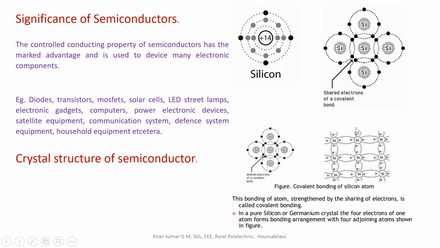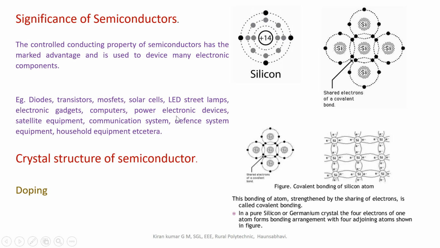All these valence electrons are shared with the valence electrons of the neighboring atoms surrounding each atom. This is the crystalline structure of any semiconductor. The crystalline structure of germanium is similar. You can try it yourselves while you practice this subject.